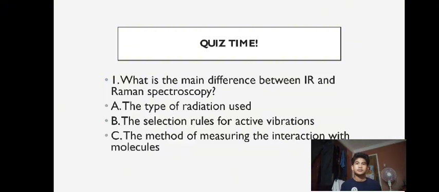So, for quiz time, your favorite part of the lesson. Number 1. What is the main difference between infrared and Raman spectrometry? It is stated again and again in the discussion. You can answer it very easily.